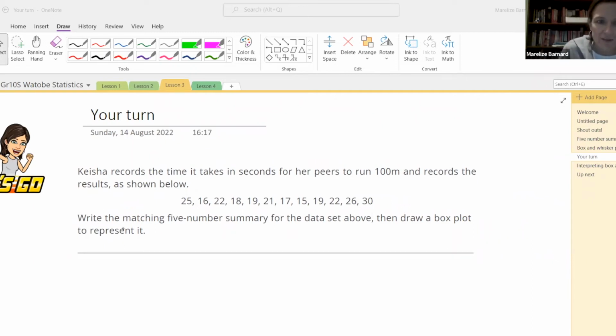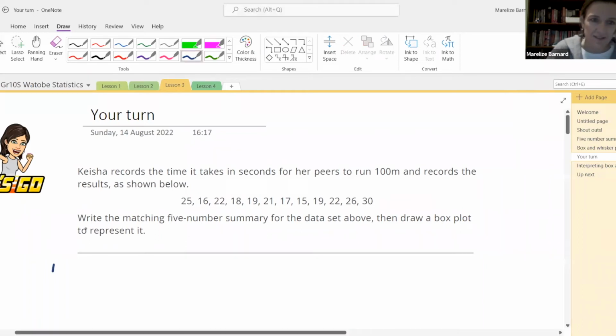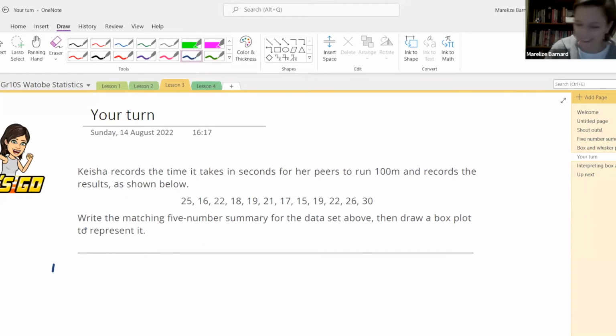Okay, now grade 10s, remember, we have to arrange from smallest to biggest, but also in this instance, we have an even number of data values.